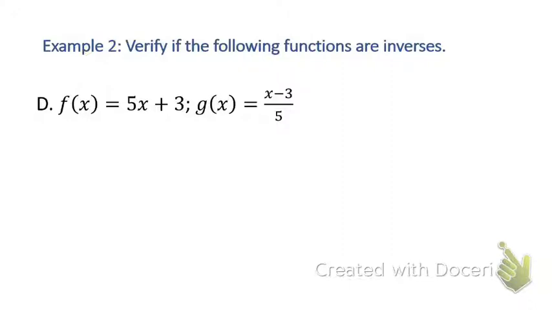Go ahead, take a minute, copy this down. And we're going to verify that they're inverses. Okay, so first we're going to put the g function into f. Let's see how y'all did. Hopefully you had a chance to do it.